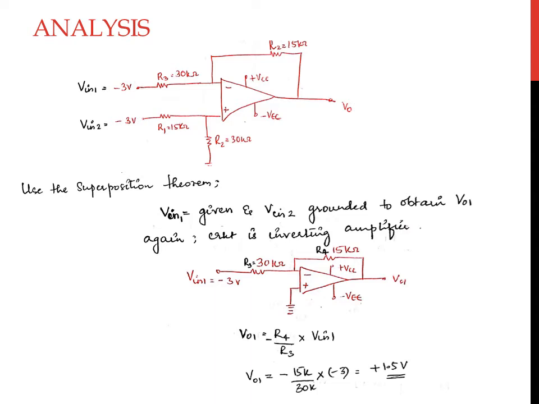Again, note that the input voltage is a carrier voltage. It can be either positive or negative 3 volts. Just to show that the output voltage is inverted with respect to the carrier, we have made use of a negative carrier of minus 3 volts to obtain a positive output voltage of 1.5 volts.